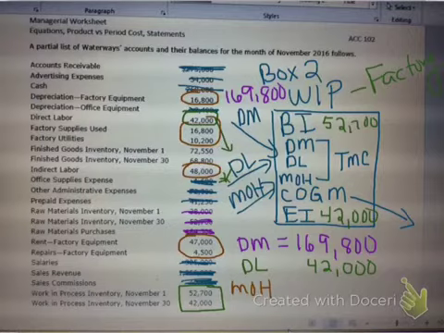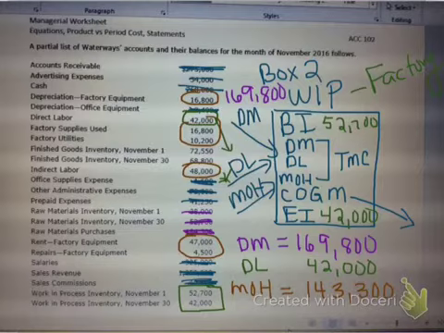Then we have our rent for our factory equipment, and that's at $47,000. And then we would have our repairs on factory equipment, which is at $4,500. And that is going to give us a total in manufacturing overhead of $143,300. And so those are the amounts that would be coming in.